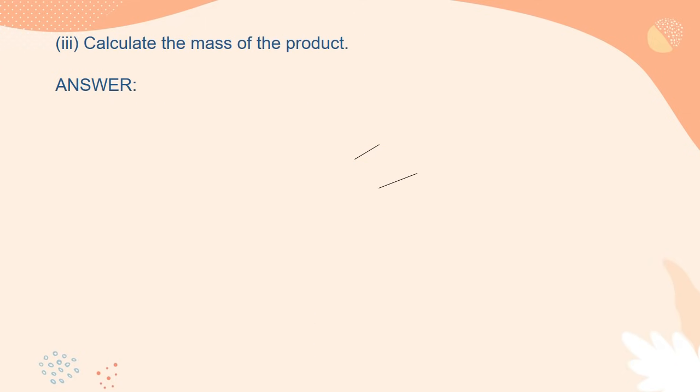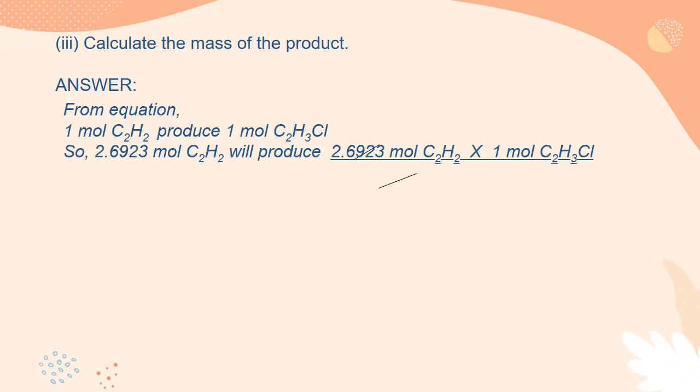Number 3, calculate the mass of the product. So to calculate mass of product form, we must refer to the limiting reactant. So from question number 2, we know ethane gas is a limiting reactant. So we will compare number of mole limiting reactant with mole product form. From equation, we know 1 mole ethane gas will produce 1 mole product, vinyl chloride.